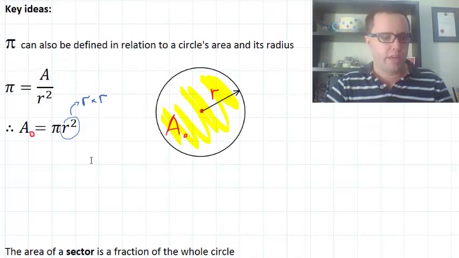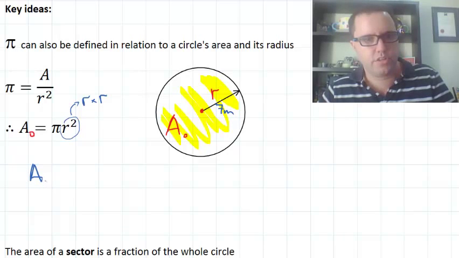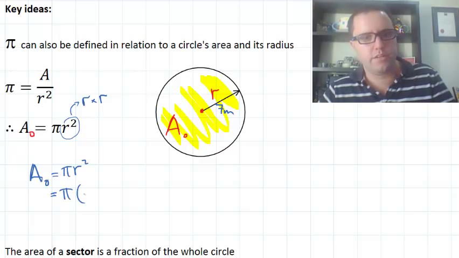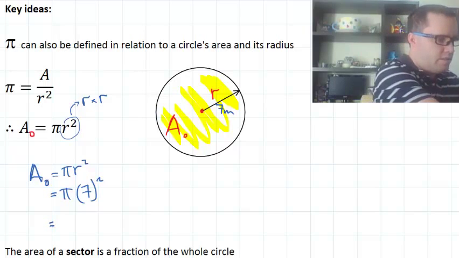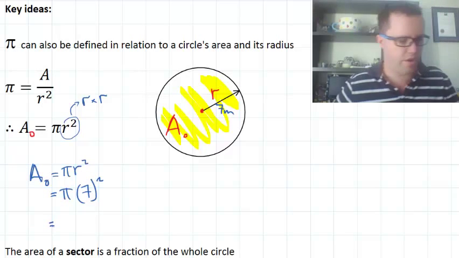How we're going to use that: let's say this radius is 7 meters long. Then the area of our circle is pi r squared, which is equal to pi times 7 squared, which is 153.94.